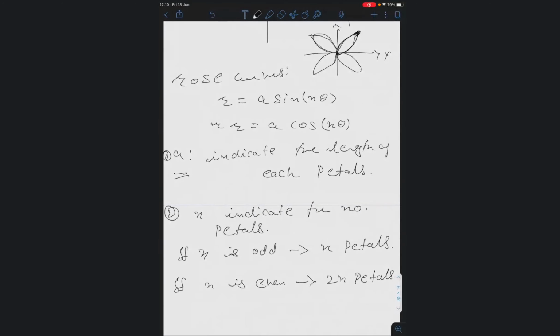Since 2 is an even number, I will get 2 times 2, that is 4 petals. If I have 3 petals, this is the x-axis, this is the y-axis, somewhere here I'll draw, somewhere here, somewhere here. Suppose for example, 3 petals means exactly N will be equal to how much? 3 itself. So hope you understood.